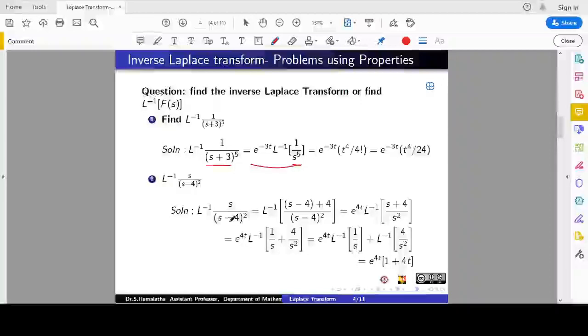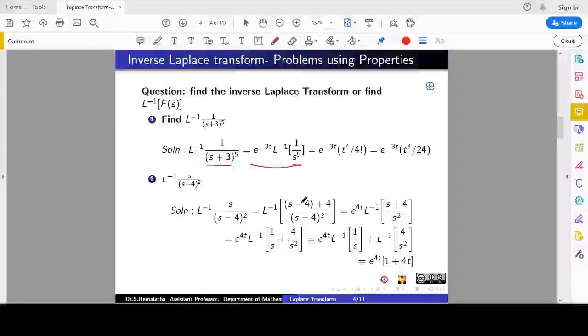So if this is minus 4, this should also be minus 4. Only then can I apply the shifting property. But it is not so here, so I have to adjust this by adding and subtracting, whatever order we want. You can always do that, mathematically it's logically right.